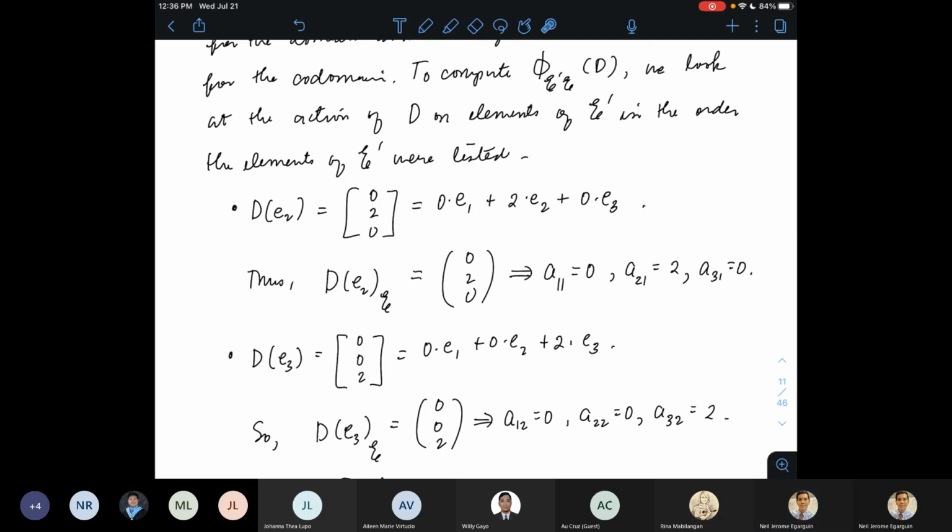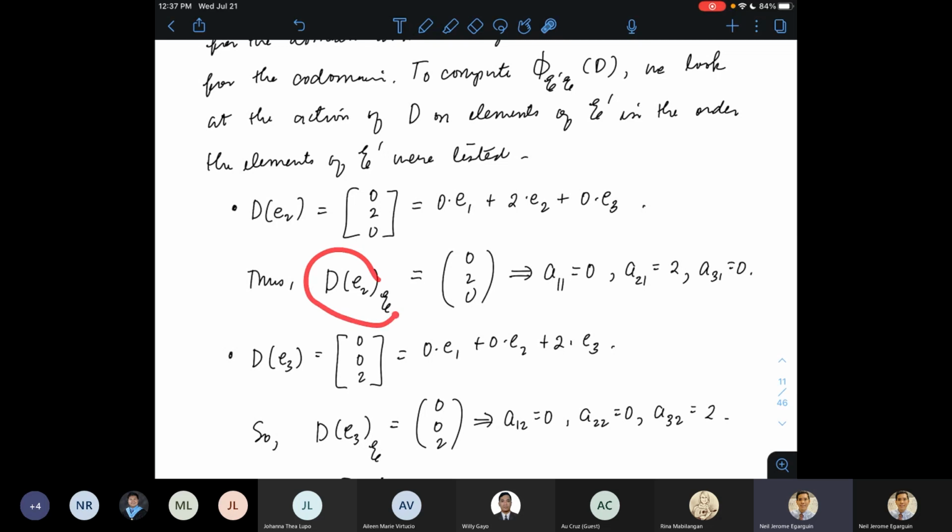Okay? And so that means yung coordinates ng DE1 with respect to the basis E ay equal kay 0 2 0. And if you notice from the previous example, the coordinates for the first basis element comprises the first column of the matrix representation, right?